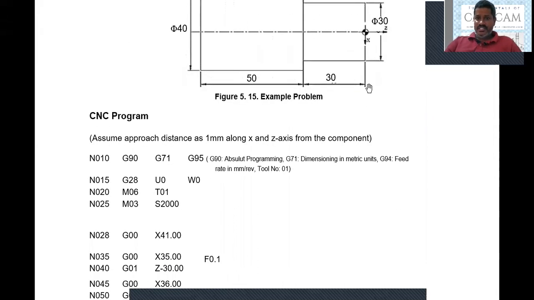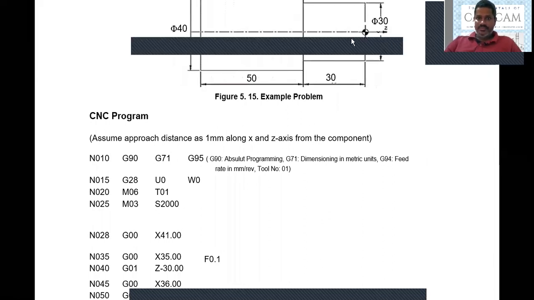Now our tool is at this location. Let me annotate that also here. Now our tool is exactly at this location, 1 mm above. Up to here it is 40 and then 1 mm.